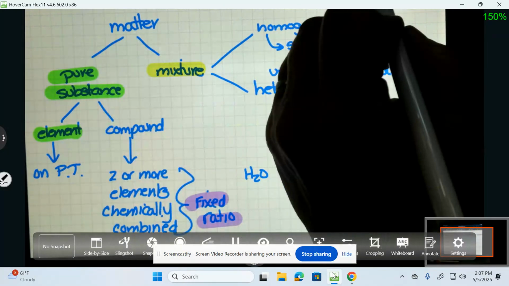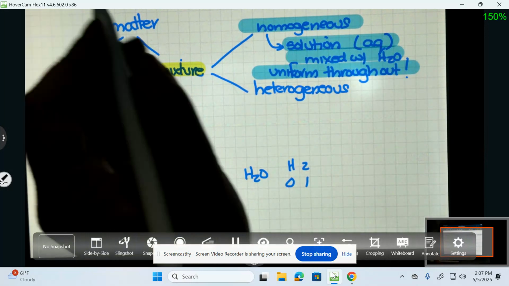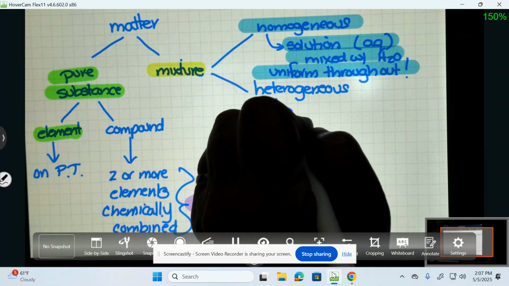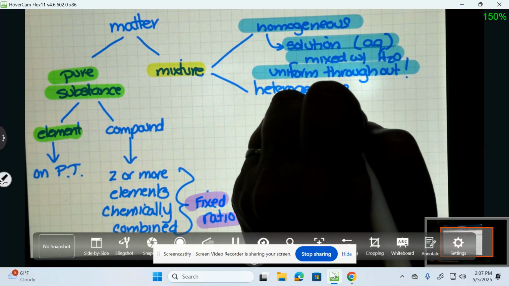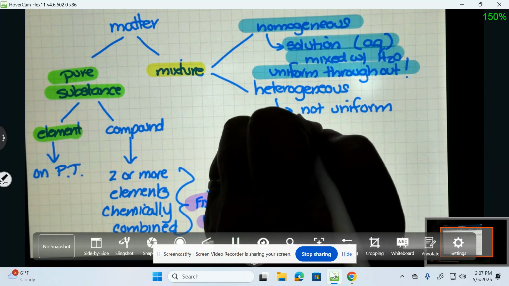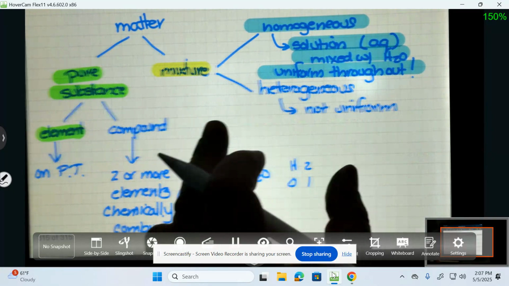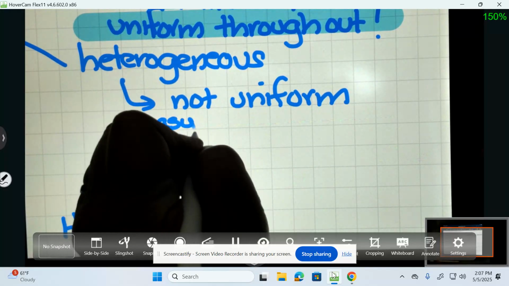Heterogeneous, on the other hand, let's just highlight this. So this is all homogeneous. And then heterogeneous is going to be not uniform. Okay? And it's easy to separate.